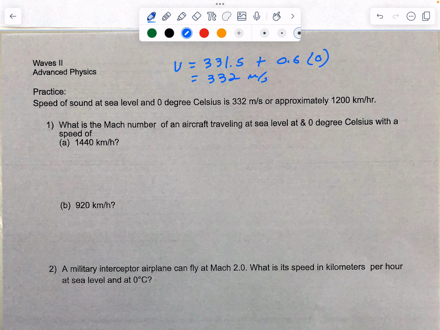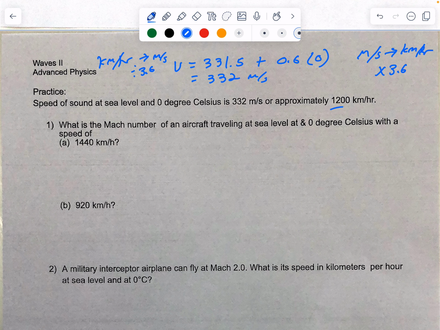So that's where that's coming from. If you want to go from kilometers per hour to meters per second, you divide by 3.6. And if you want to go from meters per second to kilometers per hour, you multiply by 3.6. So that's where they get that 1,200 kilometers per hour from.